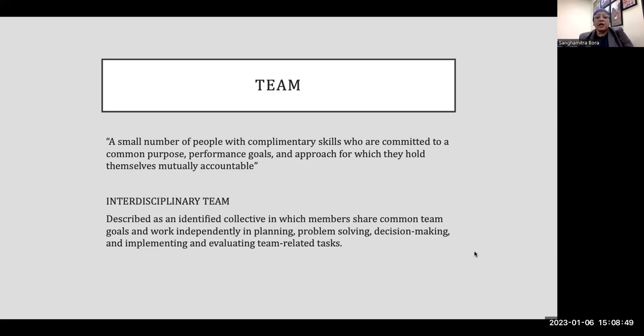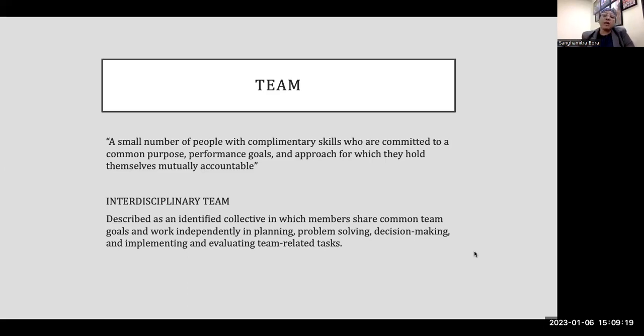But then the Oxford Textbook of Palliative Medicine also defines this particular system as a solo practitioner model. So the importance of this statement is that if you are working solo, you don't have a team, please do not get disheartened, because you are practicing a solo practitioner model.